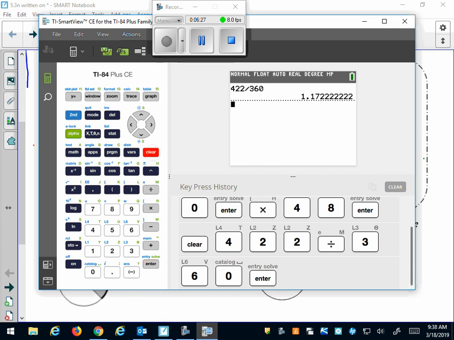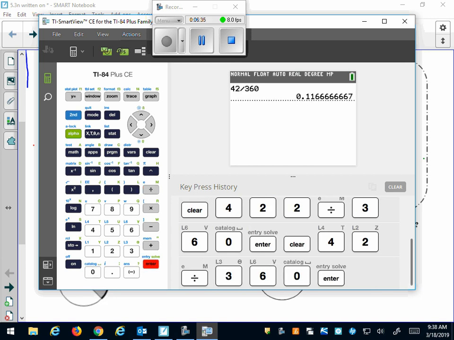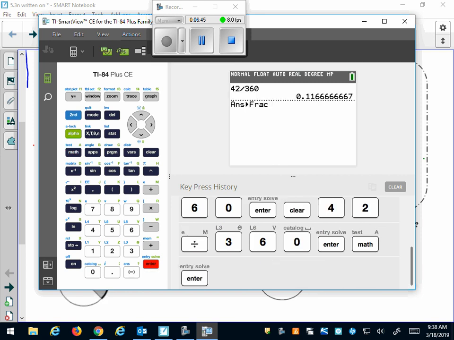Okay, that didn't work. This calculator is super sensitive. Now, if I want that as a simplified fraction, I can push math, and then see that first button is fraction, and then enter, and then it gives me the reduced fraction.